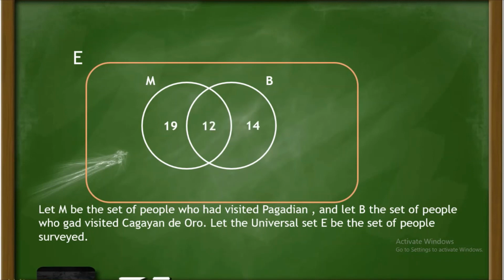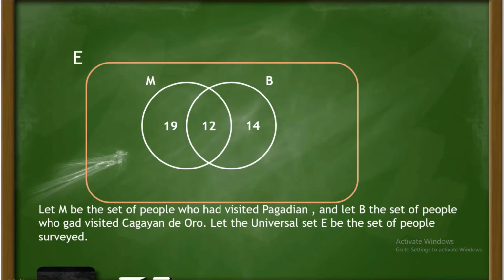So, sinasabi niya na may 31 people who had visited Pagadian. So, therefore, 31, i-minus natin yung 12. Therefore, 19 katao ang nakapunta sa Pagadian lang at hindi nakapunta sa Cagayan de Oro.